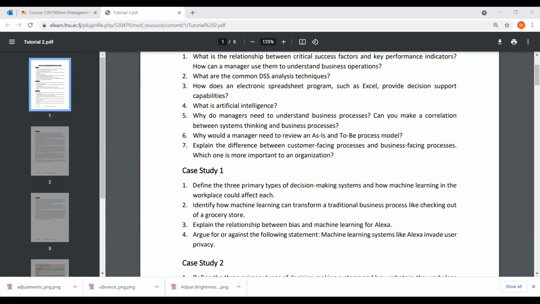All right. Now, the second part of the question was how machine learning in the workplace could affect each. With strategic level of decision making, it's very difficult to determine how machine learning can aid them in decision making. I'll tell you why.